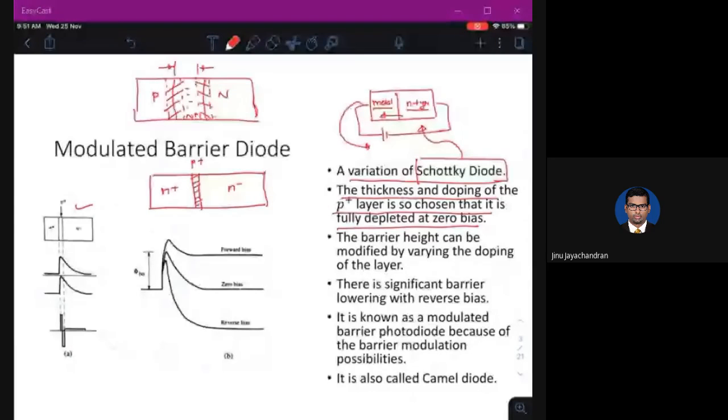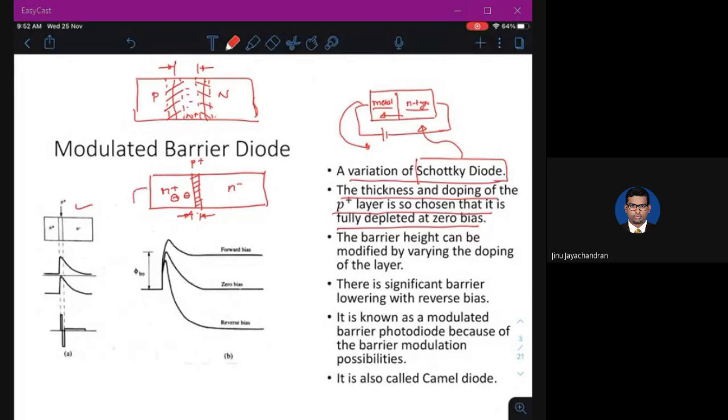There won't be any charge carriers, so there is always an electric field associated with this layer. So even with zero bias, even if you are not connecting anything to this circuit, there will be a completely depleted layer. Let's say a photon is incident on N plus or N minus, it will create plus and minus charges in whichever end it is incident.